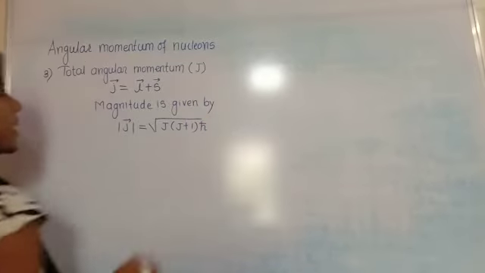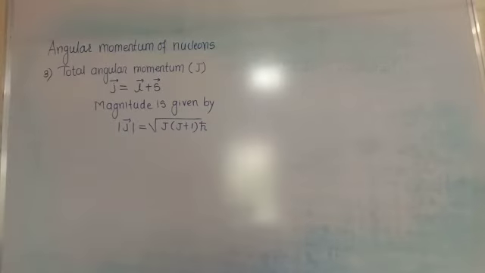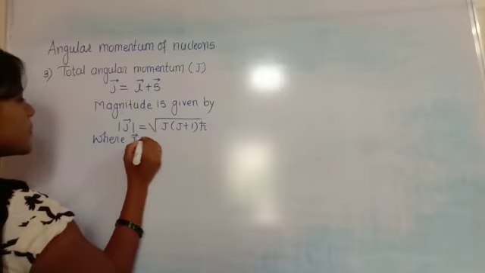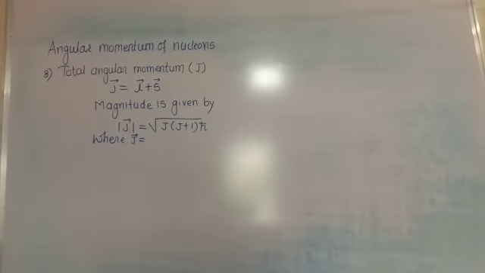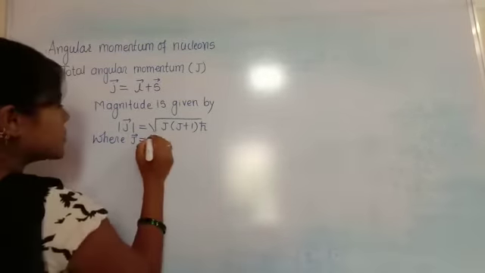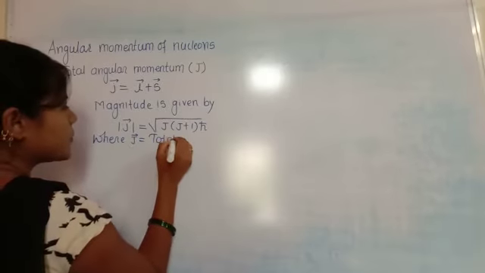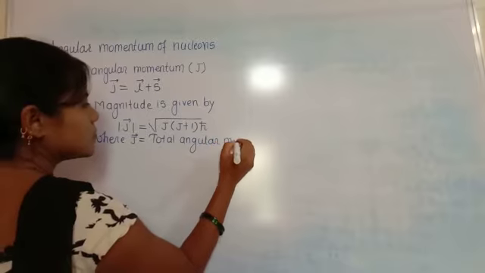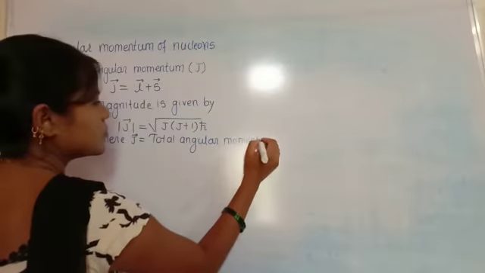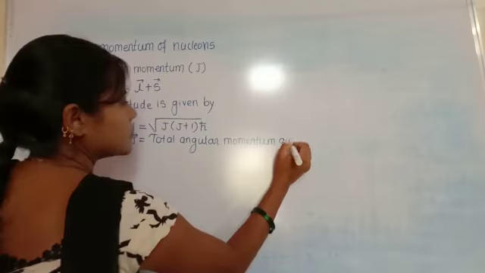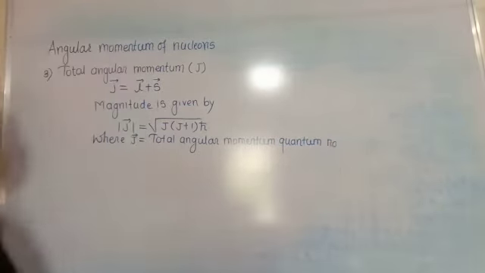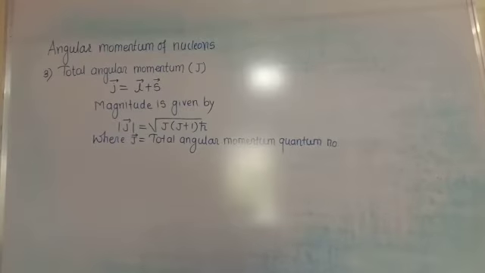So this is the magnitude of total angular momentum J, where j is the total angular momentum quantum number.